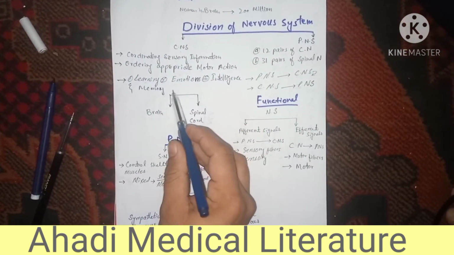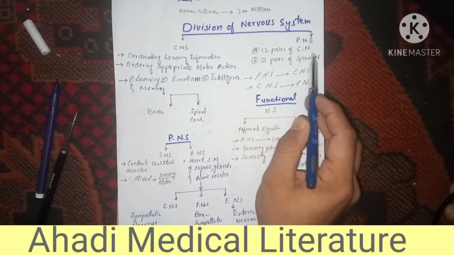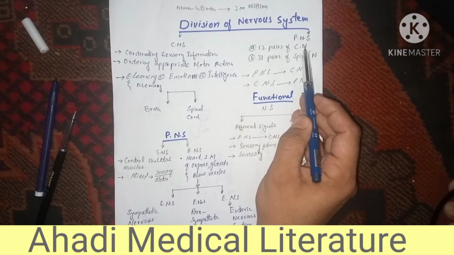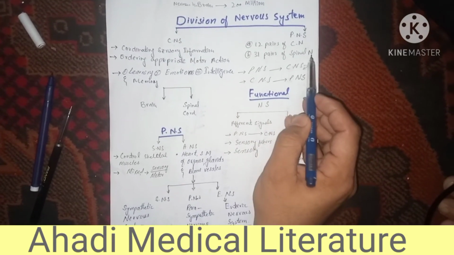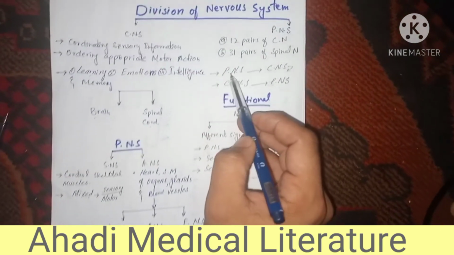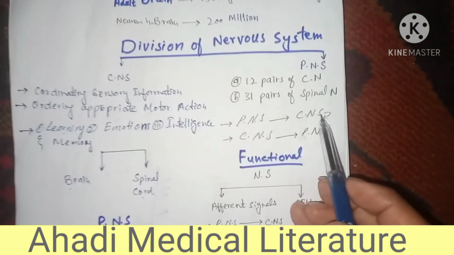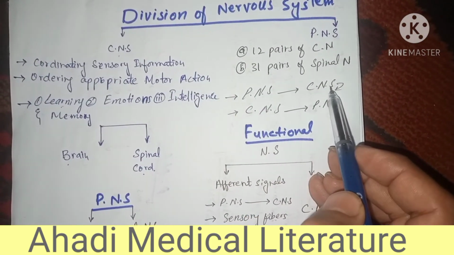So it has two parts, the brain and the spinal cord. And the PNS consists of 12 pairs of cranial nerves and 31 pairs of spinal nerves, and these nerves carry sensory information from the peripheral to the central nervous system.